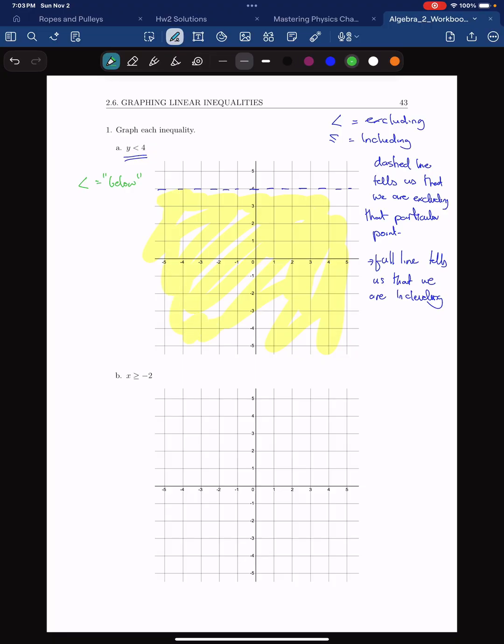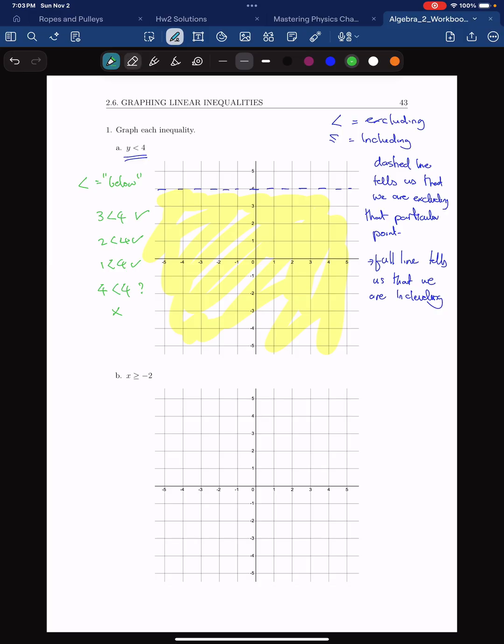If y equals 3, 3 is less than 4, that's true. 2 is less than 4, that's true. 1 is less than 4, true. But what if I plug in 4? Will 4 be less than 4? No, it won't, so that point won't satisfy the inequality. The only solutions that satisfy our inequality are the ones below 4.